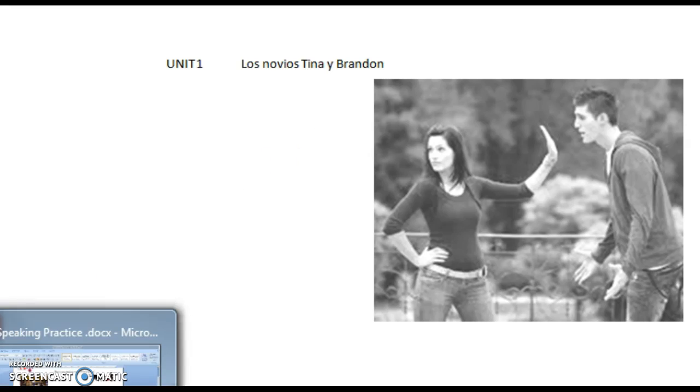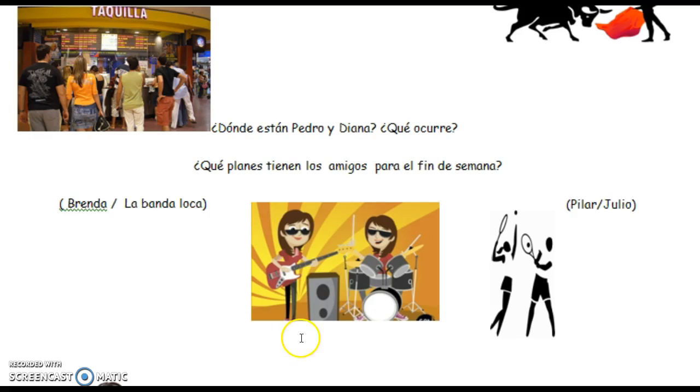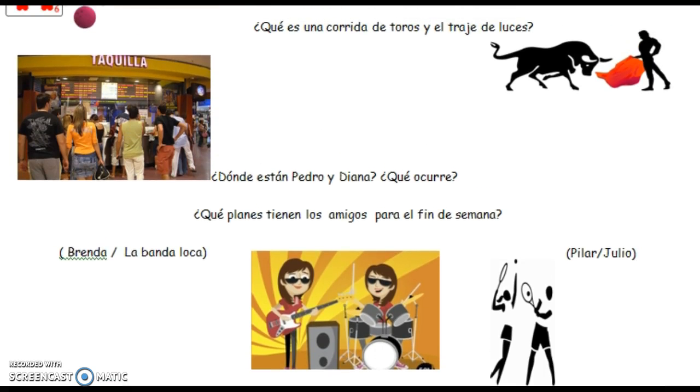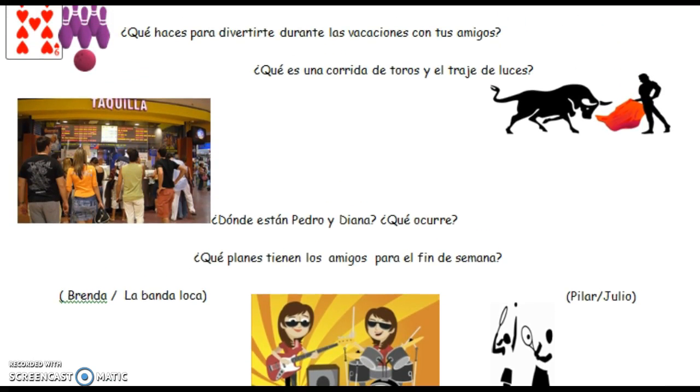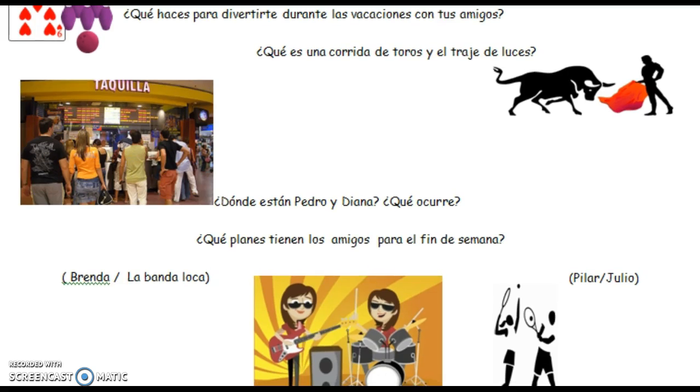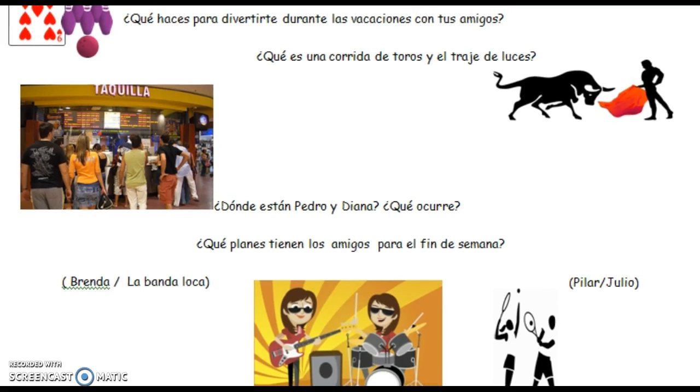Now, in other assessment, just like for Unit 2, you may have more than just a picture. You might have some questions, just like these ones, that will help you come up with some ideas of what to say or what to put together as your response.